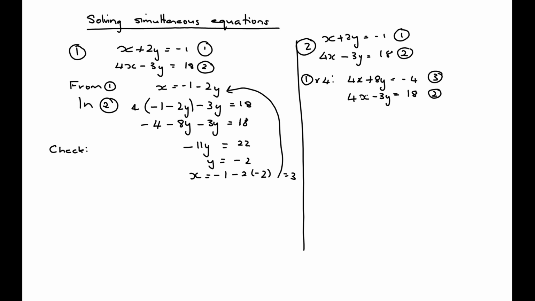If we now subtract those two, then we get 4x minus 4x is nothing. 8y minus -3y will give us 11y, and -4 minus 18 would give us -22. So y equals -2 as before. And putting that in the first one, will give us x equals 3 as before.